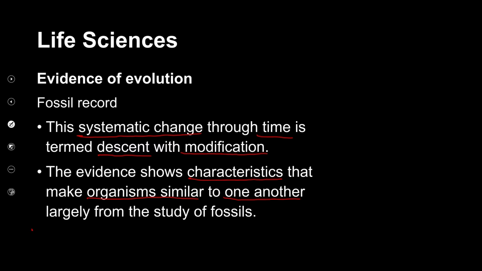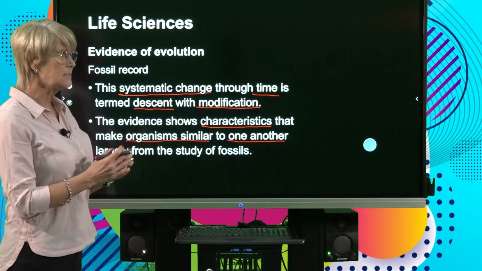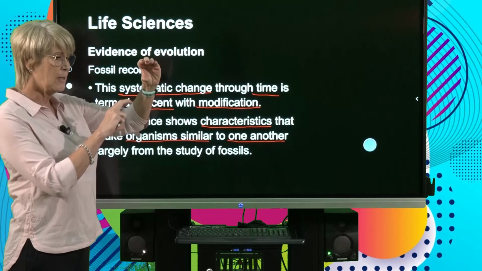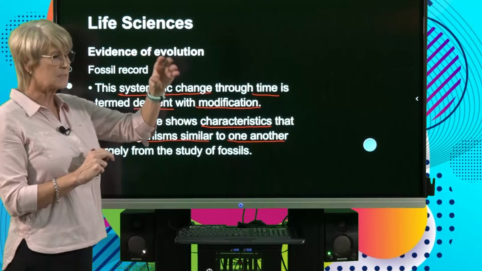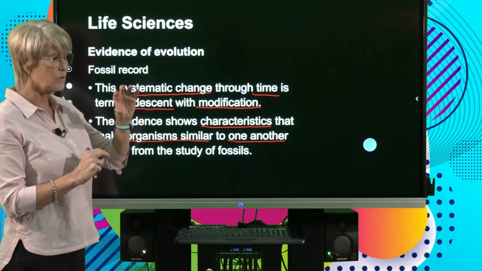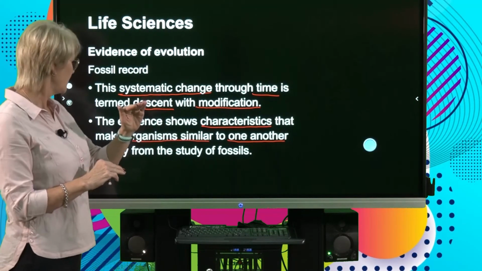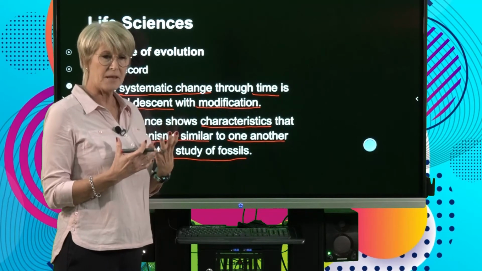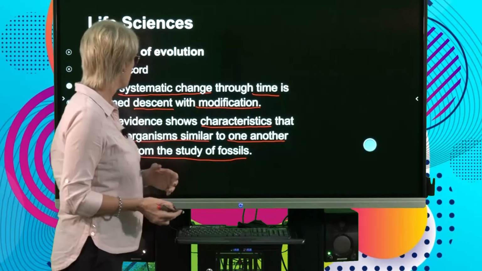We can have a look at various layers of fossils through the time periods, and we can see whether the organisms in a layer above evolved from, or were descendants of, the fossils in the layer below. All of that information we can gather from the study of fossils. So they are a very important part of our record of evolution as it has taken place.